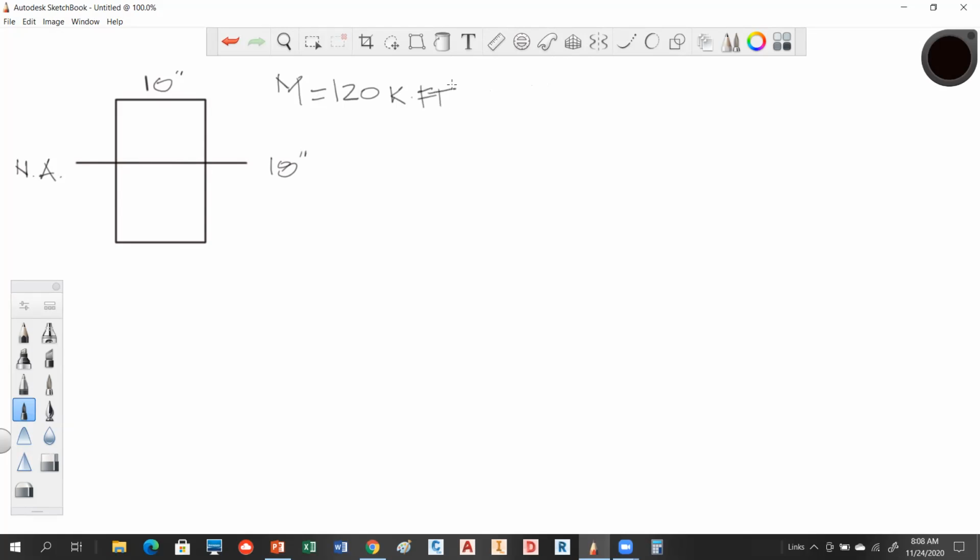Okay? So they want you to calculate the maximum tensile and compression of the bending stress, and also 3 inches above the neutral axis. So where would the maximum information occur?